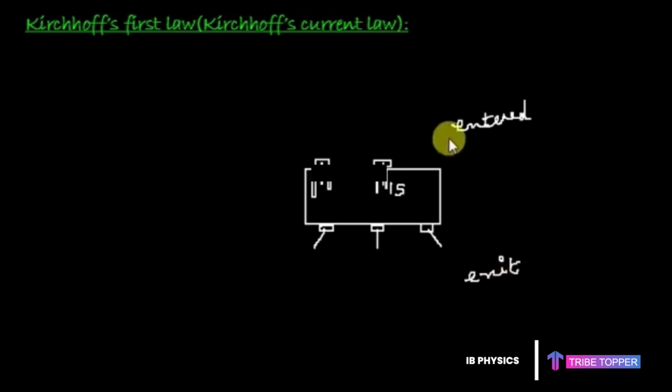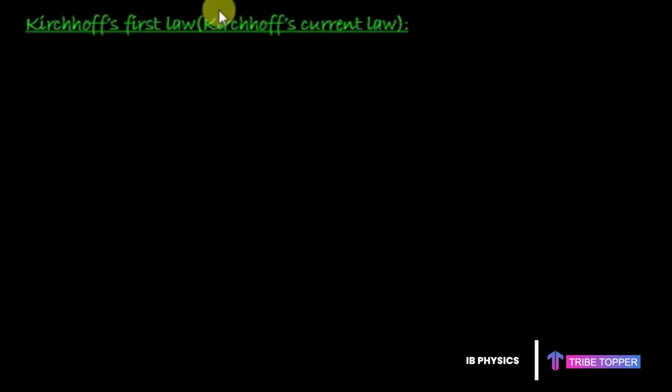In just the same way we have Kirchhoff's current law, which says that if at a junction there is some amount of current entering, say I1, and another current entering, I2, then the amount of current that leaves this junction, say I3, I4 and I5, has to be the same.